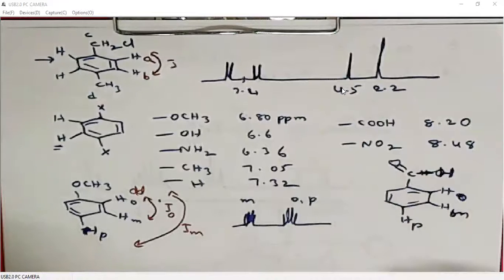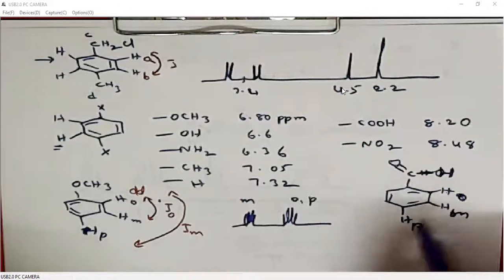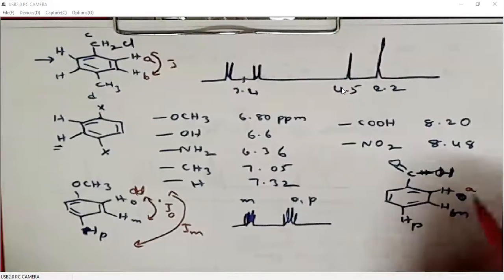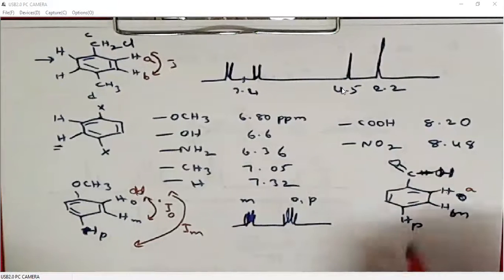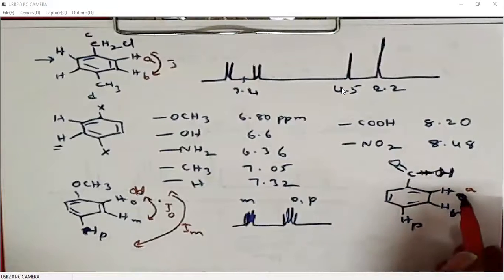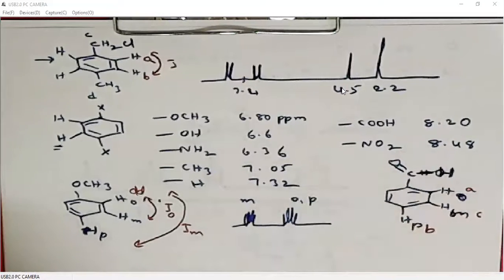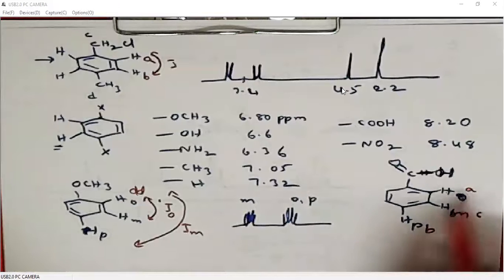So here the spectrum gives three different signals for ortho, para and then meta. Because of the de-shielding region, ortho will have the highest delta value. Since it is a withdrawing group, ortho and para will have high delta value compared to meta. So large delta, next large delta, next large delta.